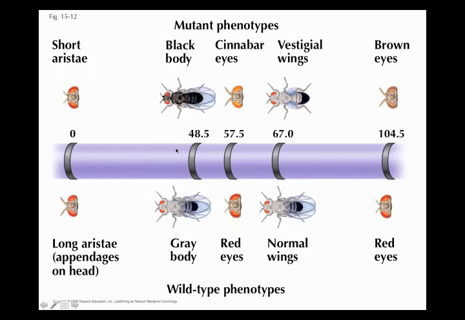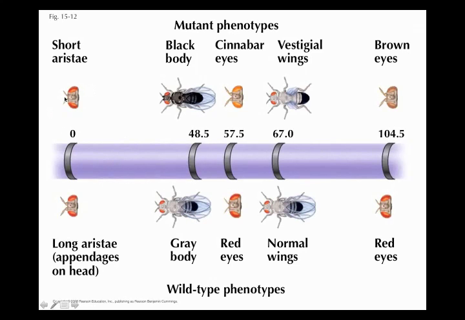You won't have to order any kind of genes, but I'll just show you, like the recombination frequency between short aristae, these are the little antennae things, and the long, so these are the two alleles, long versus short. And way far away is the brown eyes versus red eyes allele, or gene, the two alleles of that gene. 104.5, so they're really far away. So these would have a very high recombination frequency.